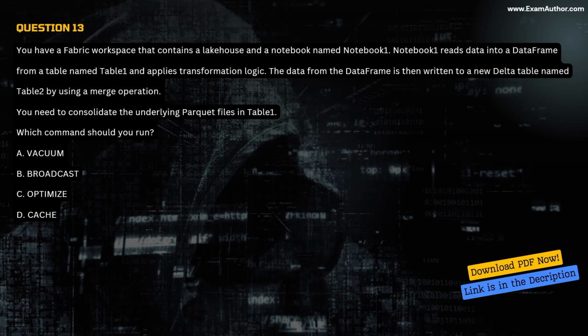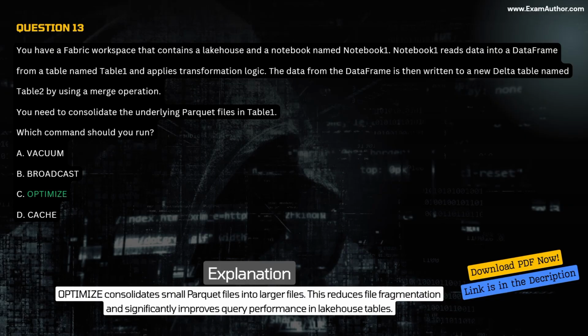A. Vacuum. B. Broadcast. C. Optimize. D. Cache. Correct answer, C. Optimize. Explanation. Optimize consolidates small Parquet files into larger files. This reduces file fragmentation and significantly improves query performance in Lakehouse tables.